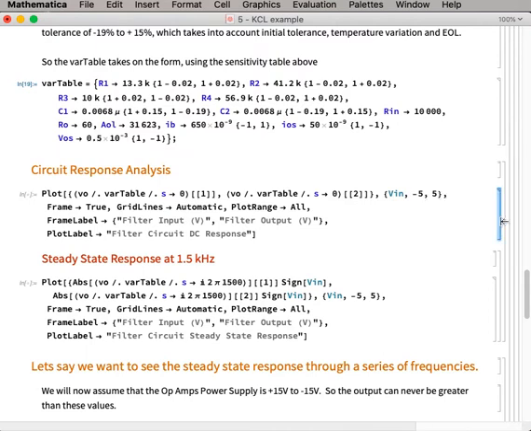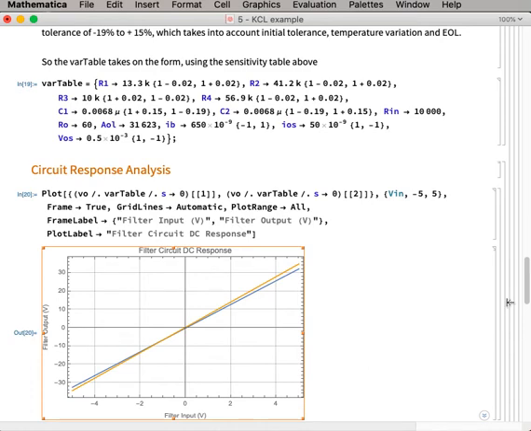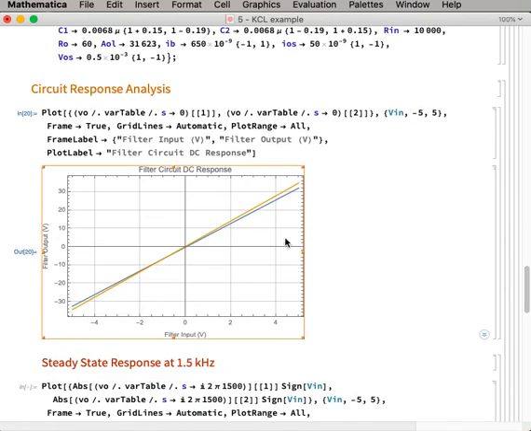So let's take a look at that. And here we end up with a nice graph that shows us what the relationship is, and the two lines are the difference between the minimum and maximum values.